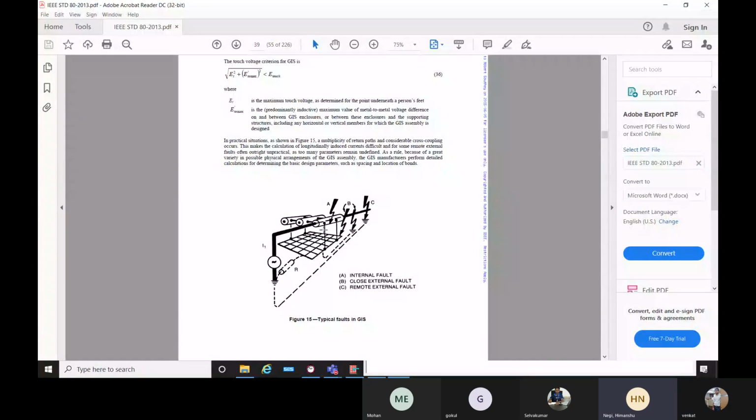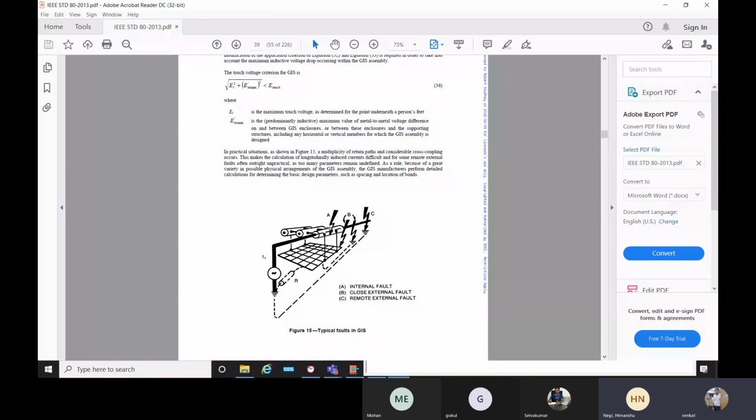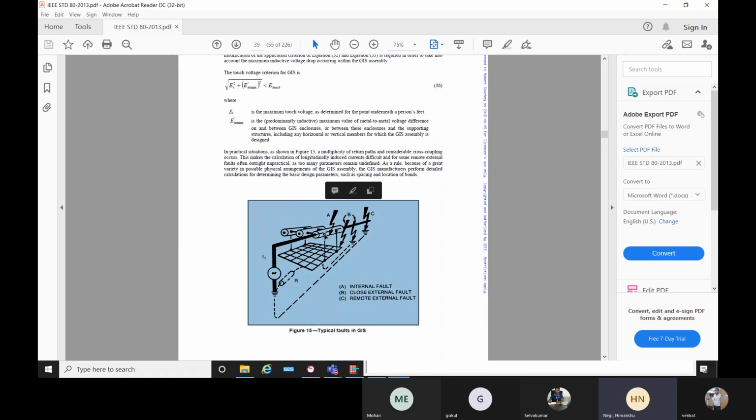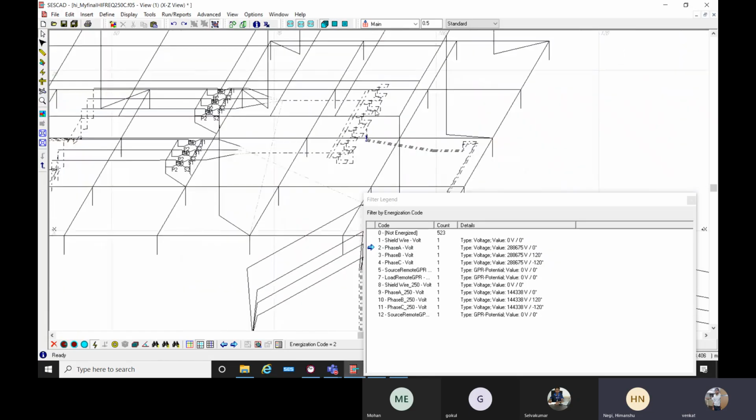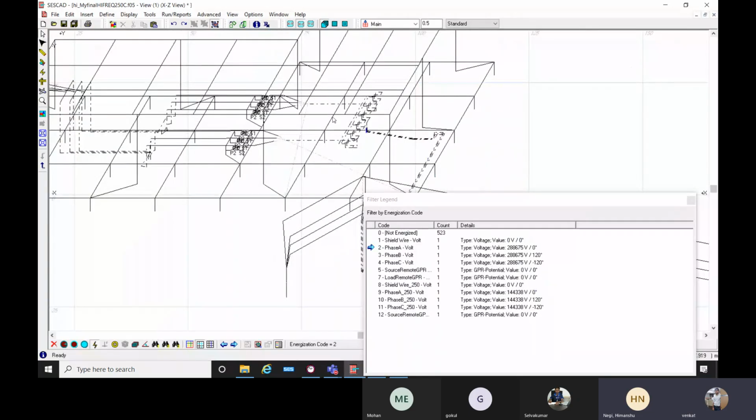This IEEE says what you need to do is put one internal fault inside this tube, inside this metal enclosure, and one fault from enclosure to ground, and another is a remote fault, and in all faults your voltages should be the same, whether you stand here and touch this GIS, or whether you stand right in the middle and touch this GIS and this GIS together, for example, 2 parts of the GIS. For that purpose only, this is required, right?